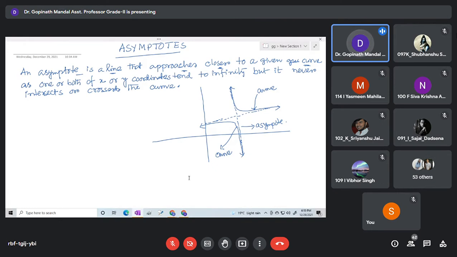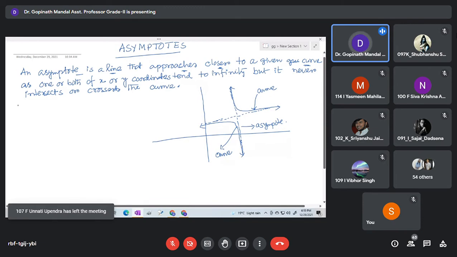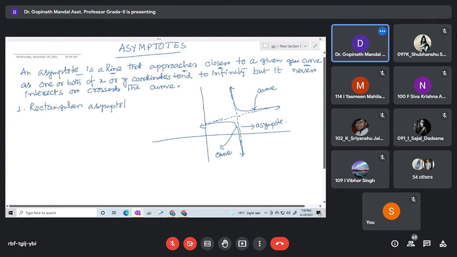There are two types of asymptotes. One is rectangular asymptotes, and another is oblique asymptotes.